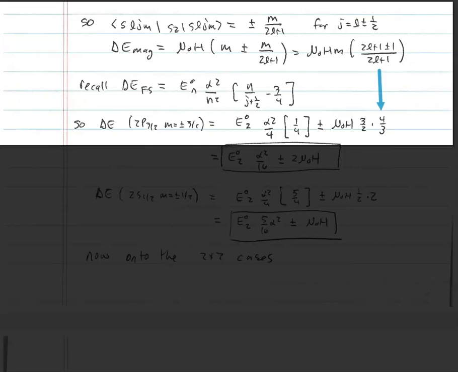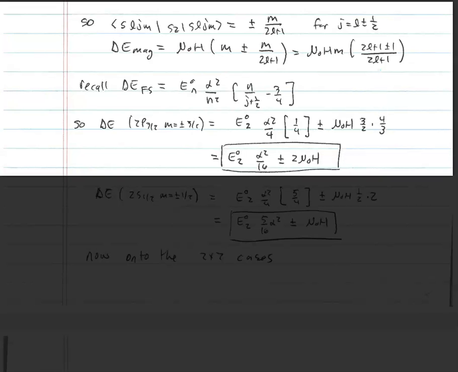So I'm going to add the 1 to that. So I'll get 4 over 3 for that last combination. You see the 3's will cancel. I can divide out a 2, and I'm going to end up with E02 times alpha squared over 16 plus or minus 2 mu 0 h. We've now gotten that plus or minus 2 mu 0 h, with a plus or minus coming from the fact that the m is plus 3 halves or minus 3 halves.